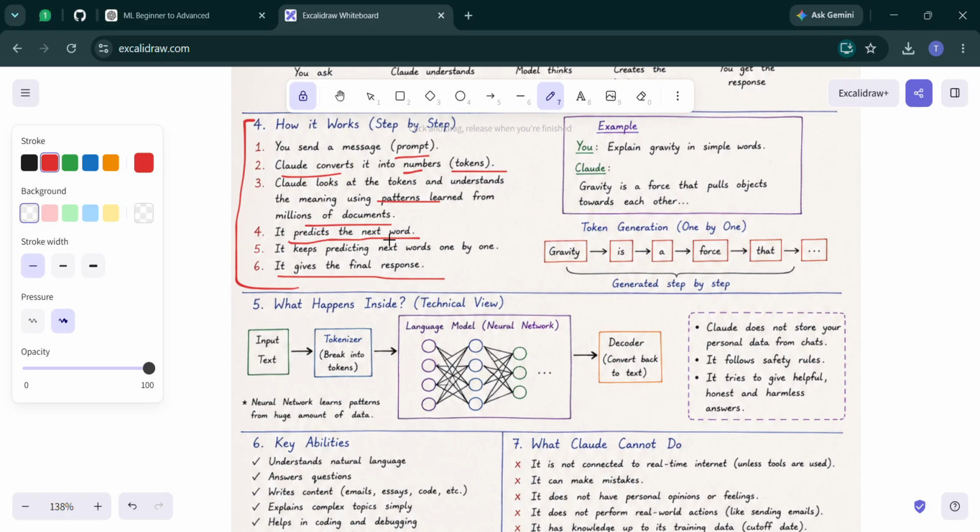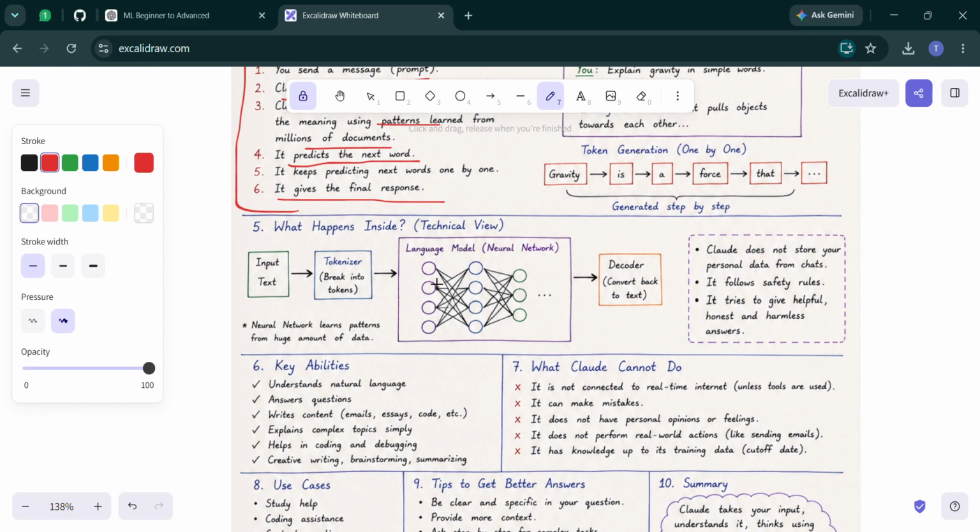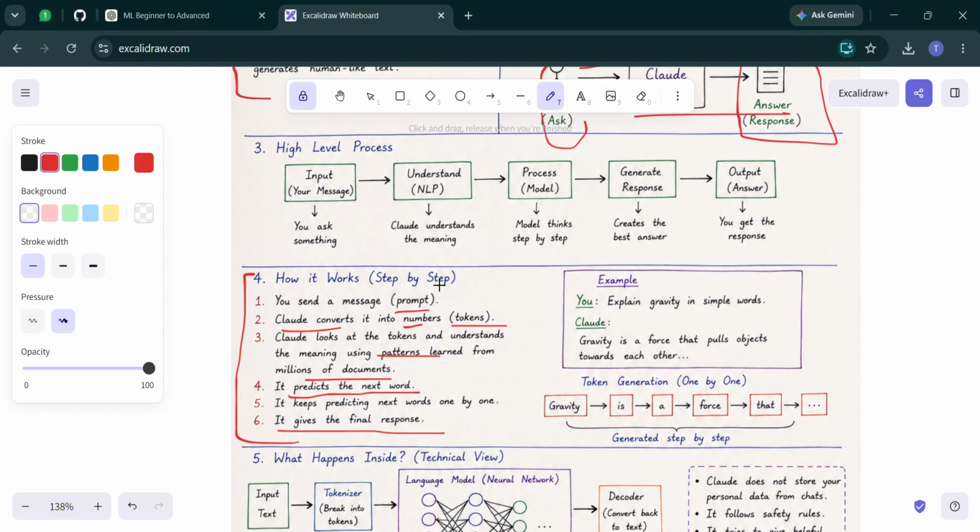After that it predicts the next response, and then provides us the final response. This is how Claude works, the high-level process.